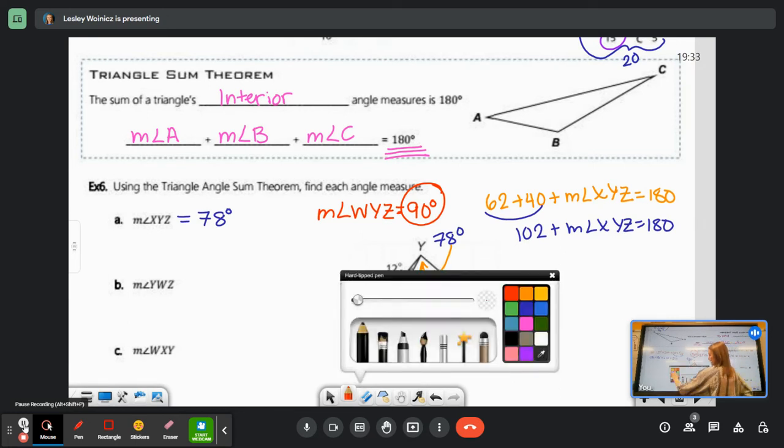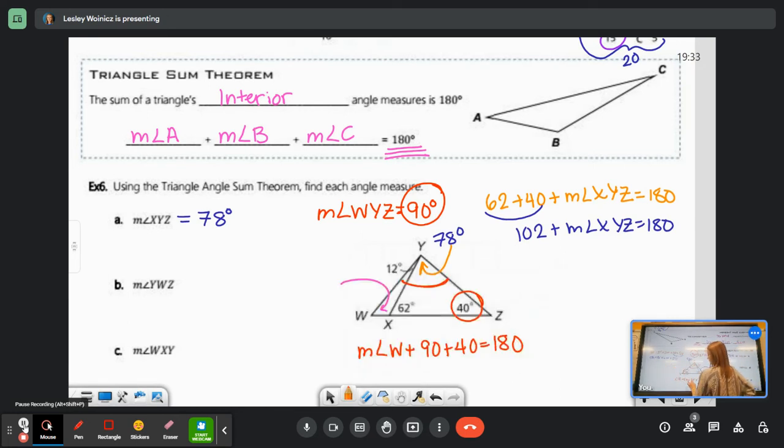Combine the 90 and 40. That's 130. Subtract 130 from both sides and you get 50. So the measure of angle YWZ is 50 degrees.